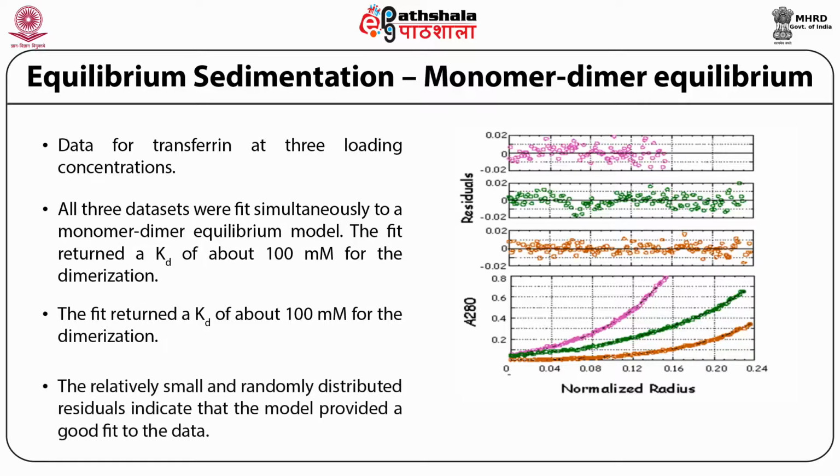A relatively small and randomly distributed residual indicates that the model provided a good fit for the data. So that is the major application of the ultracentrifugation technique, to calculate the binding affinity and the stoichiometry of the molecules in the solution.